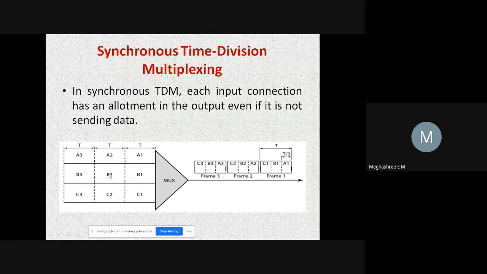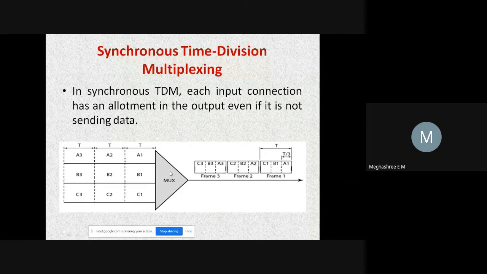Let's move on to the diagram I have given here. Here you can see the data flows. This is one connection, this is another connection, and this is another connection, and these input lines are multiplexed, that is combined, with the help of the multiplexer at the sender side.